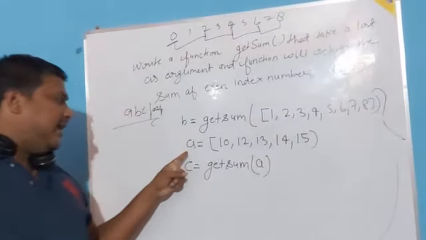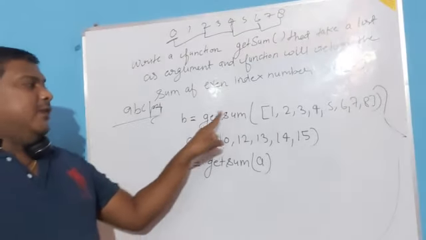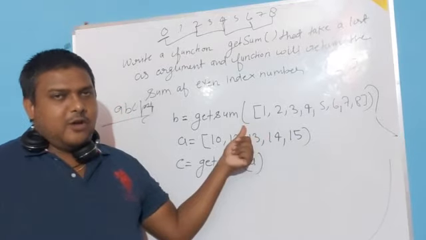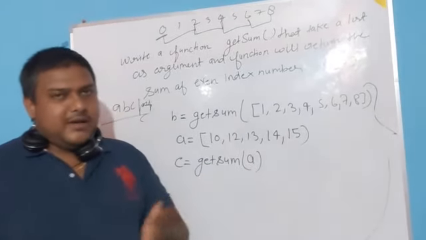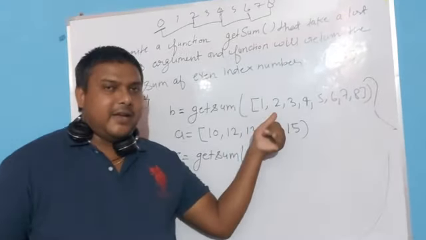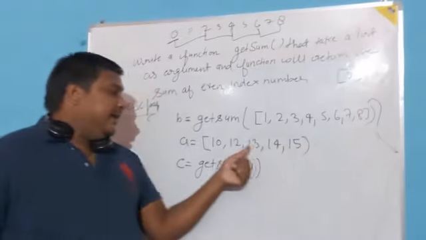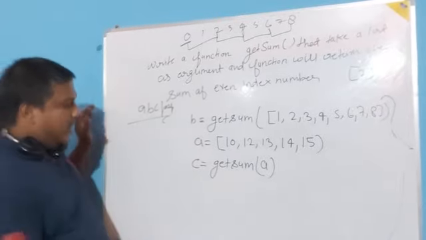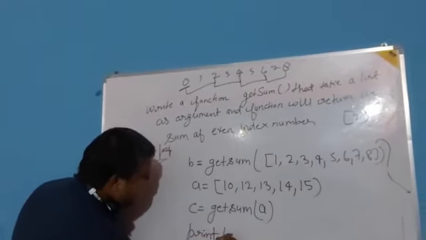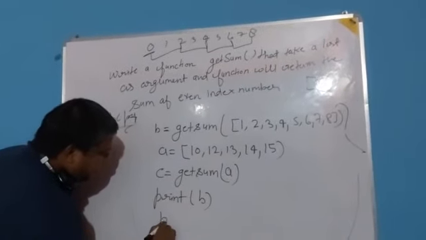You can use a variable, or pass the direct value in the form of a list. All of you know how the compiler understands it is a list value: we write all the values inside the square brackets separated with commas. Now I will display with print b and print c.